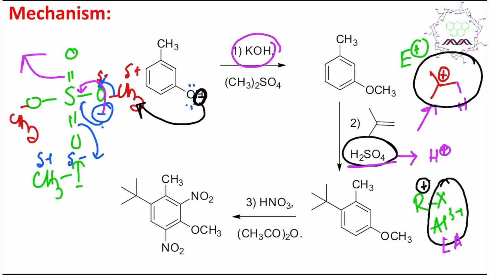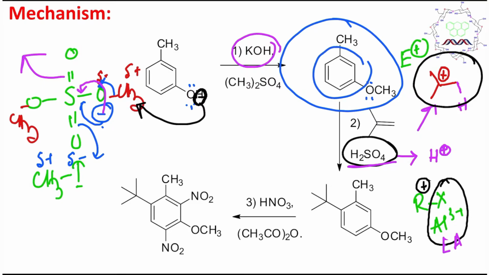And now if you look at this starting material, this is electron rich because this oxygen lone pair makes this benzene nucleus electron rich and more efficient for aromatic electrophilic substitution. And we know this OMe, this phenolic derivative, is both ortho and para orienting.